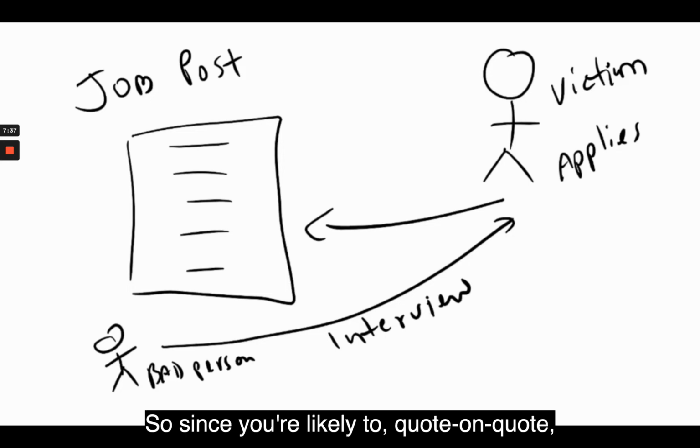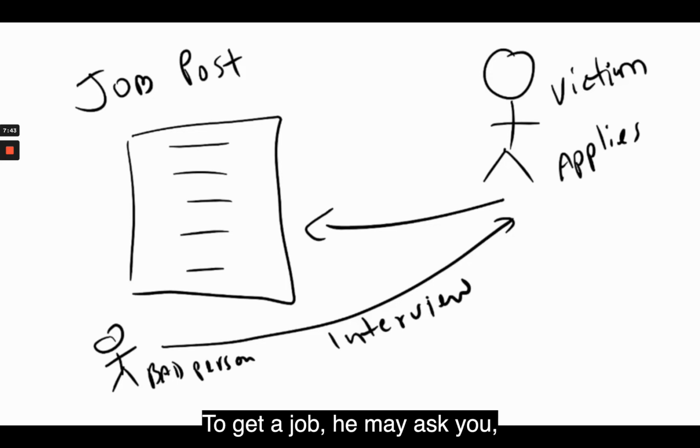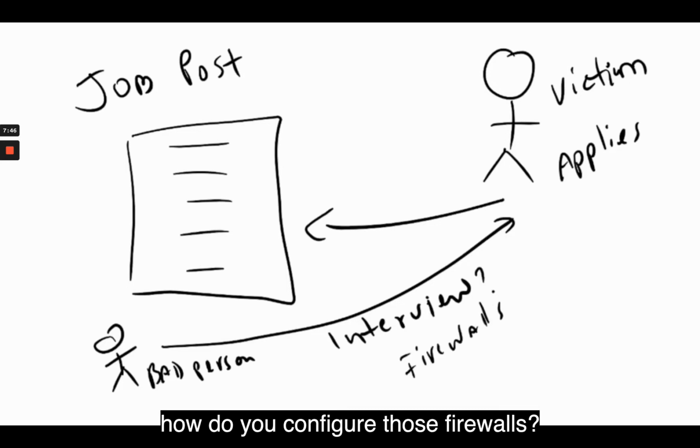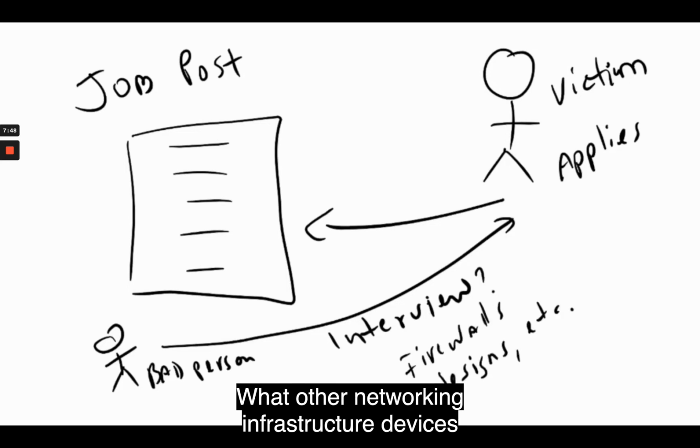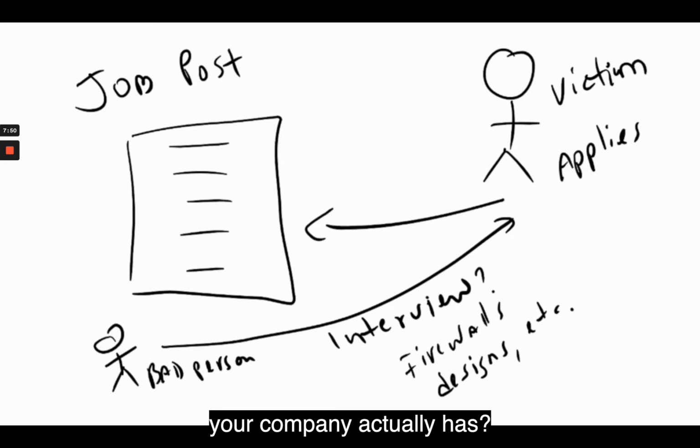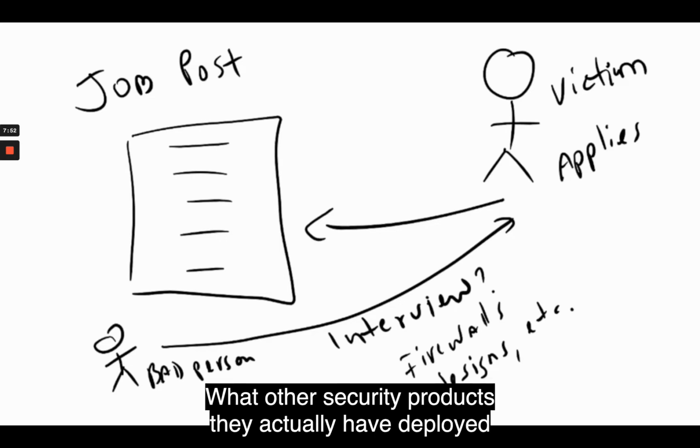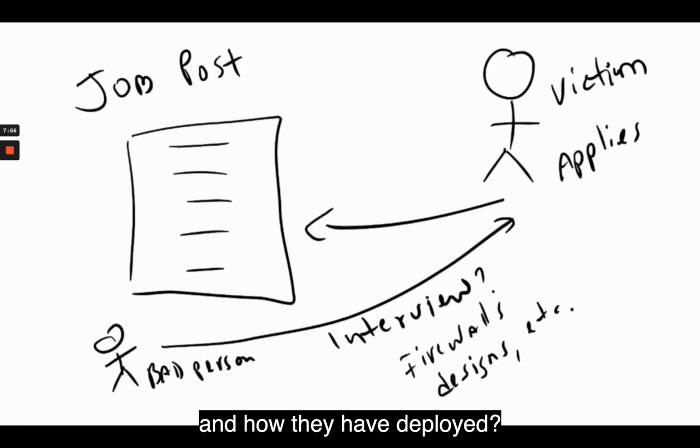Since you're likely to, quote unquote, show off your skills and your work to get a job, he may ask you: how do you configure those firewalls? What other network infrastructure devices does your company have? What other security products do they have deployed, and how have they deployed them?